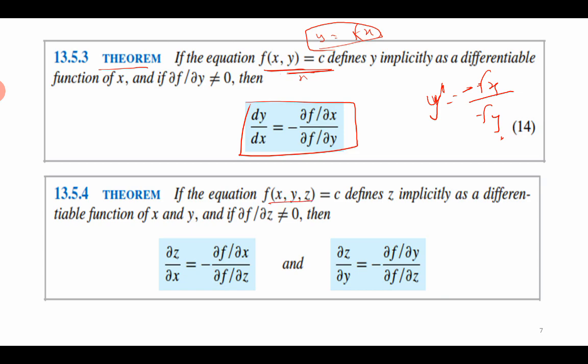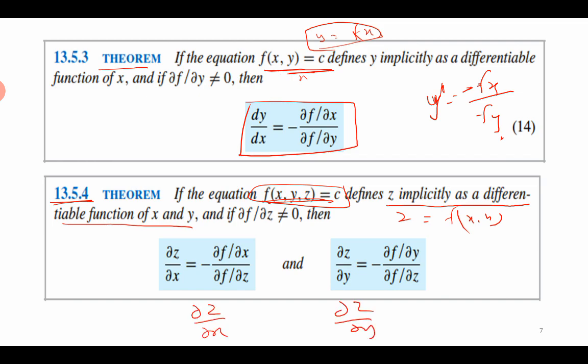Here the second case, 13.5.4, is when this equation defines z implicitly as a differentiable function of x and y. From this equation, if you can write z as a function of x and y, you can find the partial derivative of z with respect to x and of z with respect to y by using this formula.